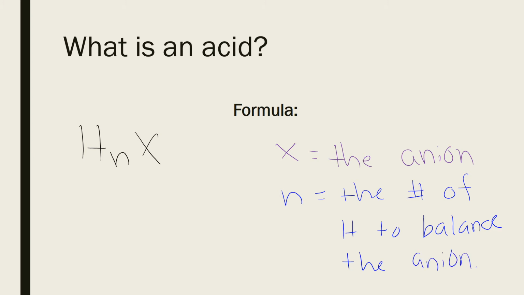So this is our formula that we often use to represent an acid.